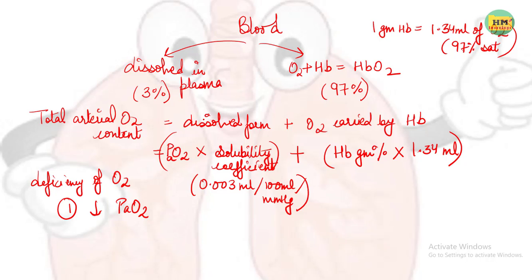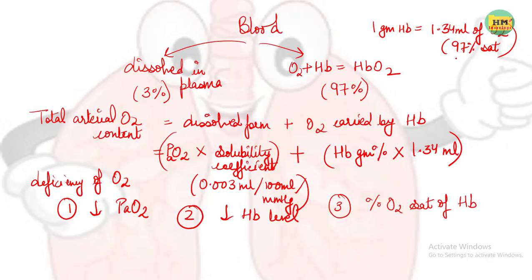So if there is a decrease in PaO2, the oxygen supply to the tissue in the dissolved form will decrease. Secondly, if the hemoglobin concentration decreases, definitely the oxygen carried by the hemoglobin will be reduced, so the total arterial oxygen content will also be reduced. The third thing is that if the percentage of oxygen saturation of hemoglobin is reduced, here it is 97% saturated, then it carries 1.34 ml of oxygen.